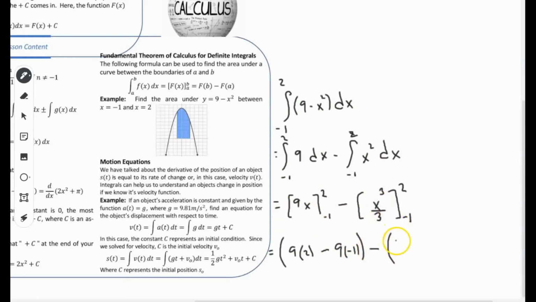So we have 2 cubed over 3, subtract -1 cubed over 3. So if you put all that into your calculator, you evaluate it, you'll get 74 over 3, or about 24.67.